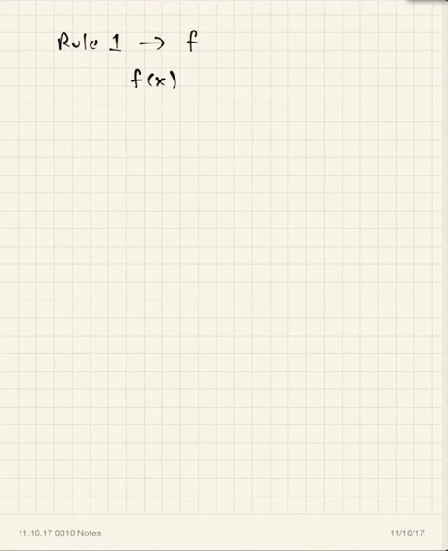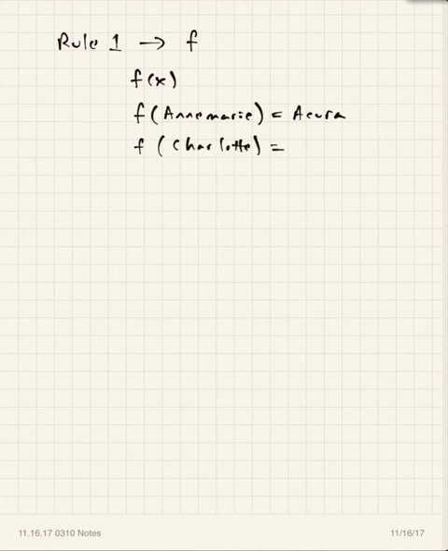So for example, Anne Marie a minute ago said that she was assigned to Acura. So we would say f of Anne Marie, our rule, its name is f. That rule takes Anne Marie and assigns her to Acura, like that, right? And f takes Charlotte and assigns her to Honda.